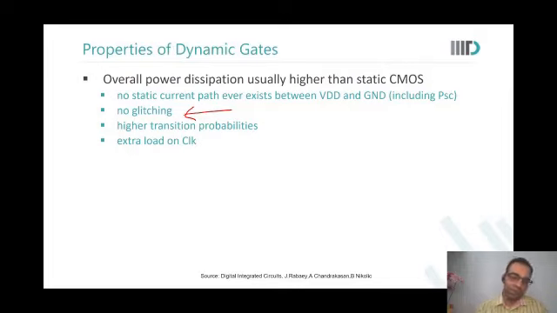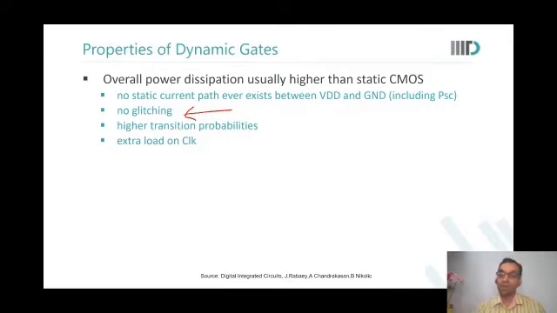Are you able to see this? In a static CMOS logic style, there is hardly any load on clock. Clock only goes to the flip-flops. Whereas over here, clock goes to every combinational gate. So the load on clock is very high. And we know that for clock, alpha, the activity factor, is equal to 1.